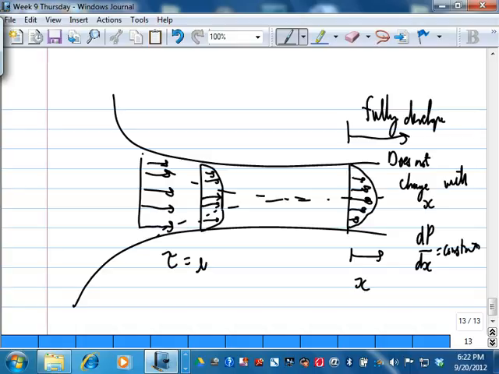Shear stress is equal to mu du over dy. Do you expect du dy to be higher or lower than that? While I draw, you can see du dy here. Look at the gradient here. Steep, right?